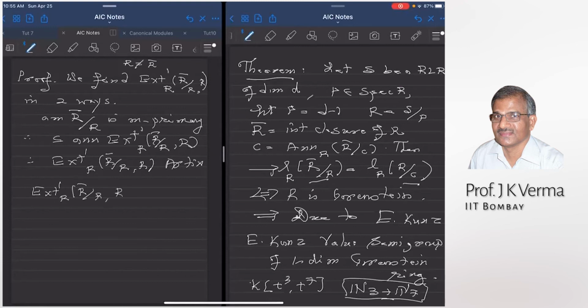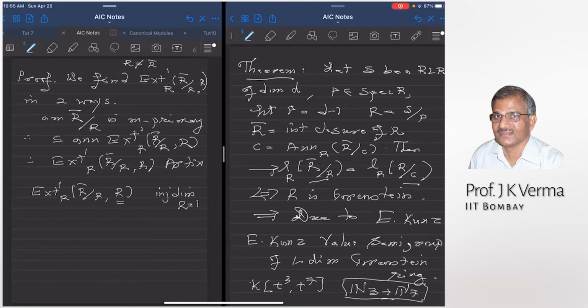There are two ways of doing this. R is a one-dimensional Gorenstein local ring. I am proving one direction, assuming that R is a Gorenstein local ring. So the injective dimension of R is 1. Gorenstein local rings have finite injective dimension by Bass, and it is equal to the depth of R. Depth of R is 1 because R is Cohen-Macaulay.